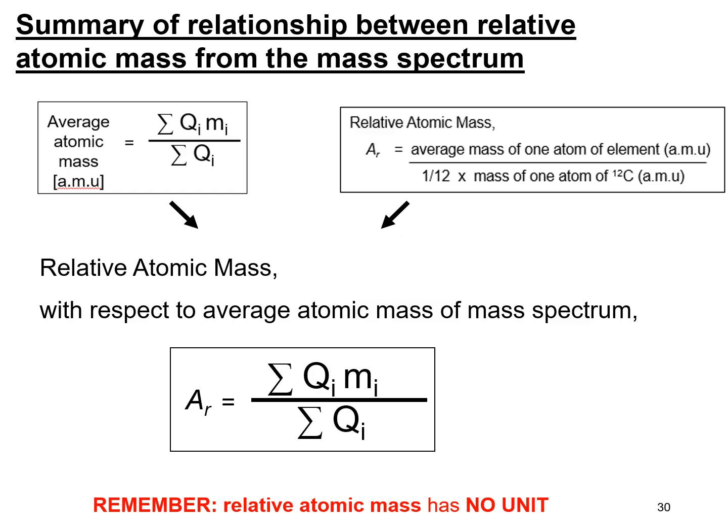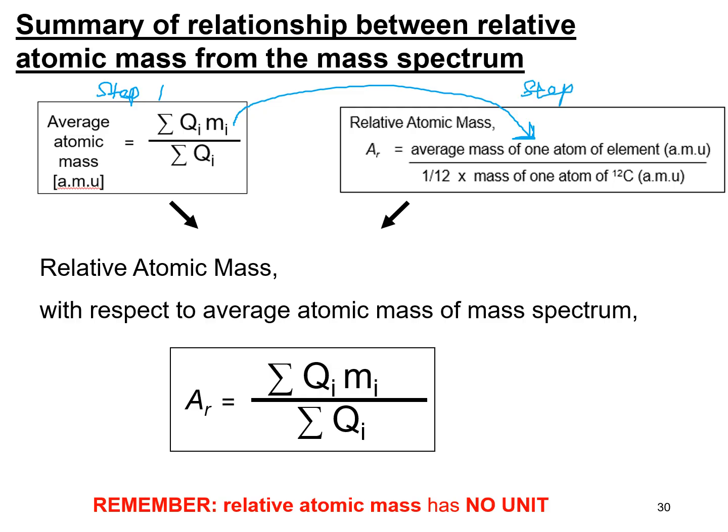The summary of relationship between relative atomic mass from the mass spectrum. Okay, tadi kan kita dah cakap kalau kita nak cari relative atomic mass from the mass spectrum, step pertama kena cari dia punya average atomic mass. Once you dah dapat average atomic mass in atomic mass unit, you masukkan dia dalam equation relative atomic mass.